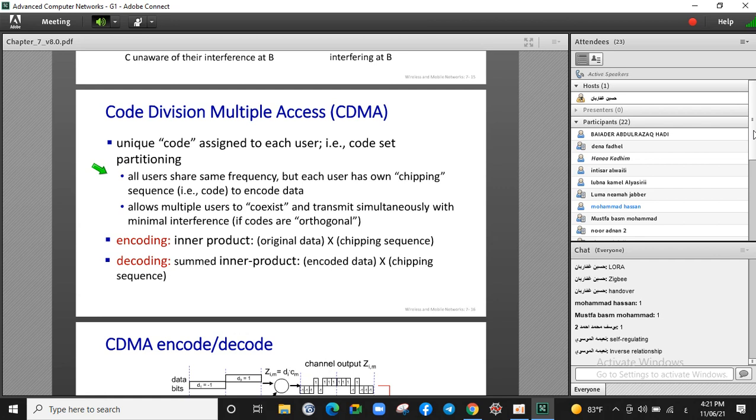And then, if each of those users tries to send information in the wireless network, firstly, they should code their information using the unique code assigned to them, and then they send information over the wireless network.